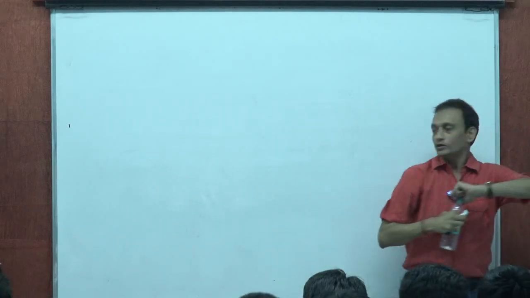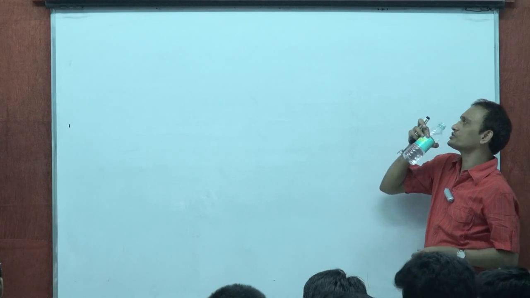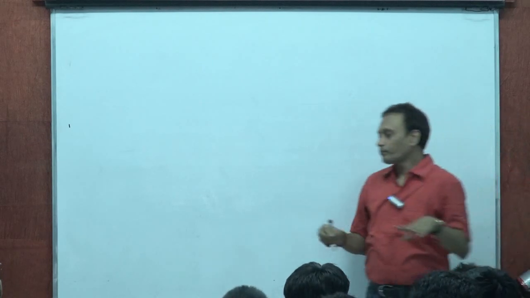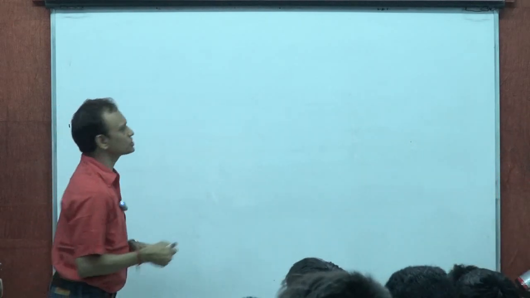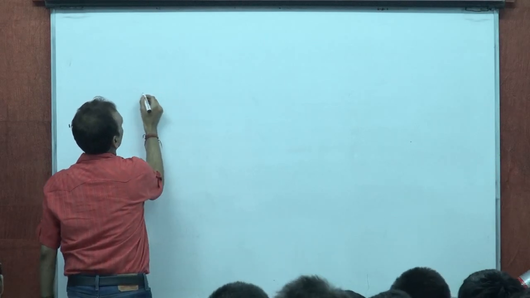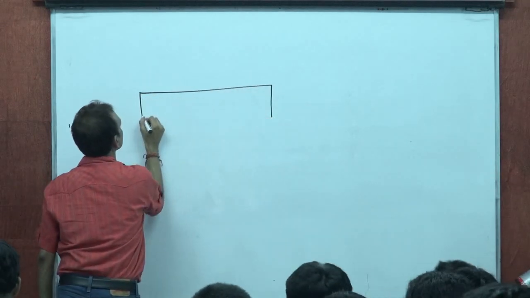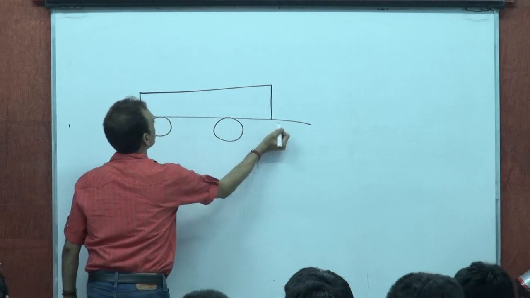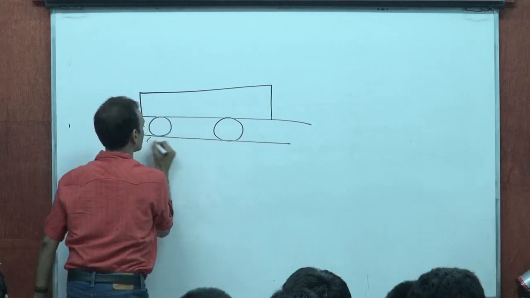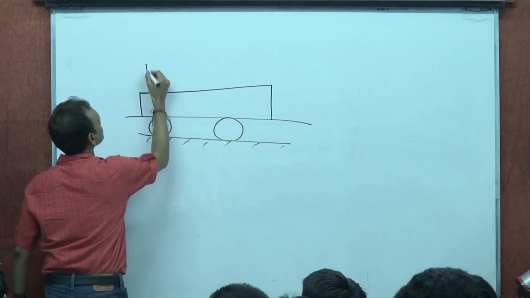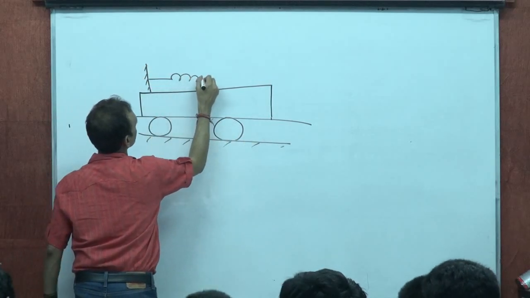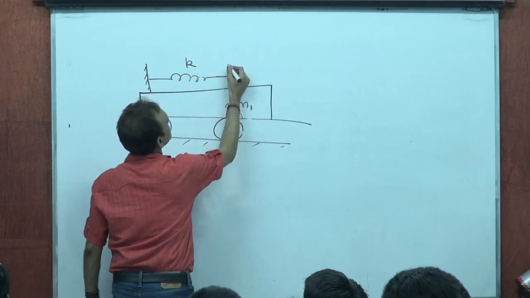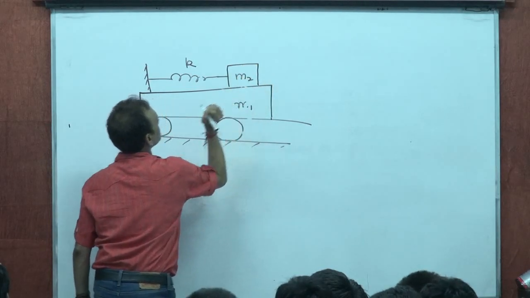Now to just tell you some relevant variations around these two block systems. One very common variation for this two block system is the case of a truck, let's say a truck of mass M1, and mass M2.